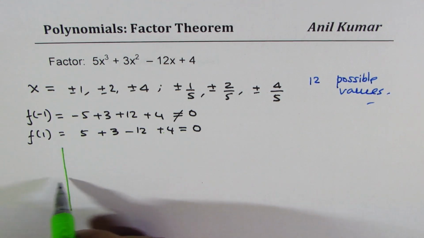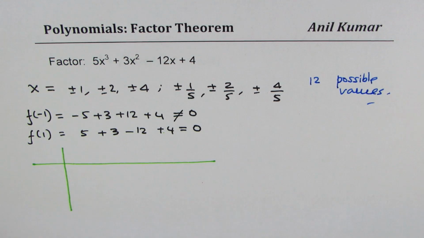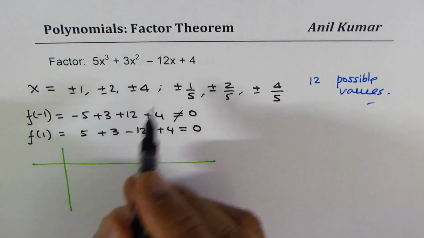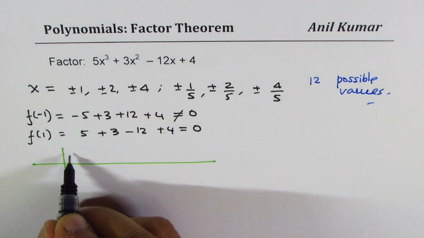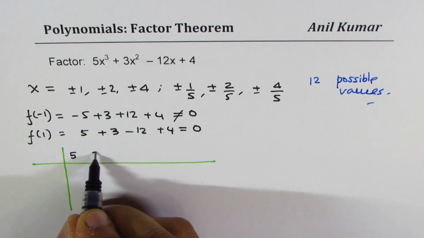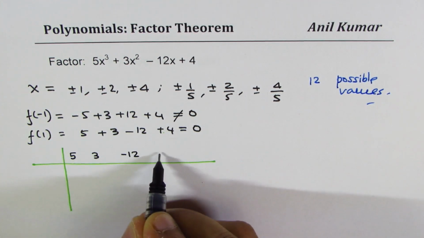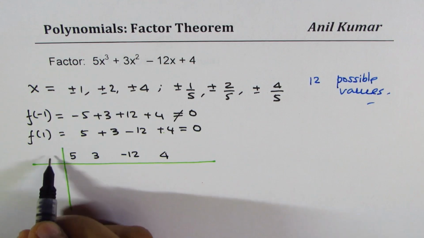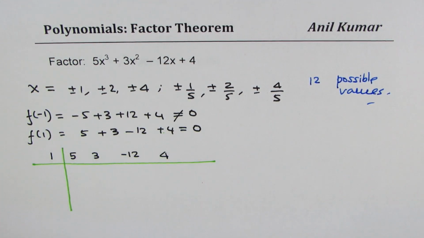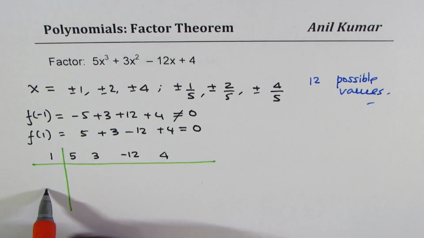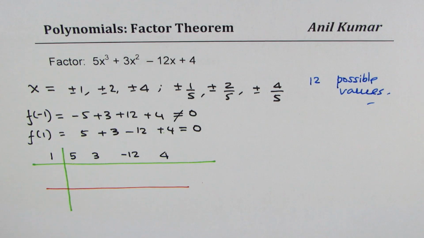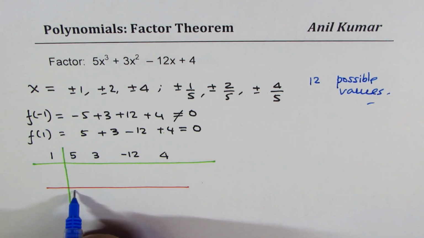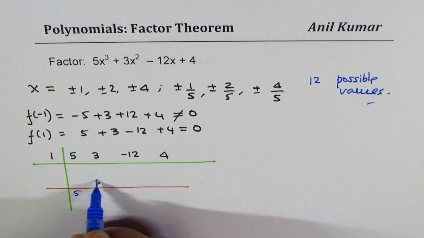This time we'll do synthetic division to get the other factors. So let me write the coefficients now, which are 5, 3, minus 12 and 4. Since 1 gave us 0 remainder, we'll write down 1 as the divisor in this case. So we are now doing synthetic division, correct? So bring down 5, multiply, write down here, add.